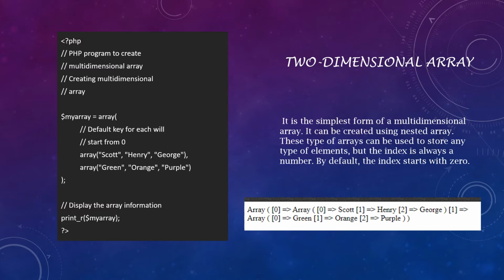The second array has the names green, orange, and purple. So just to display the information of the arrays, you have array 0, and it has Scott, Henry, and George, and array 1 has green, orange, and purple in it.